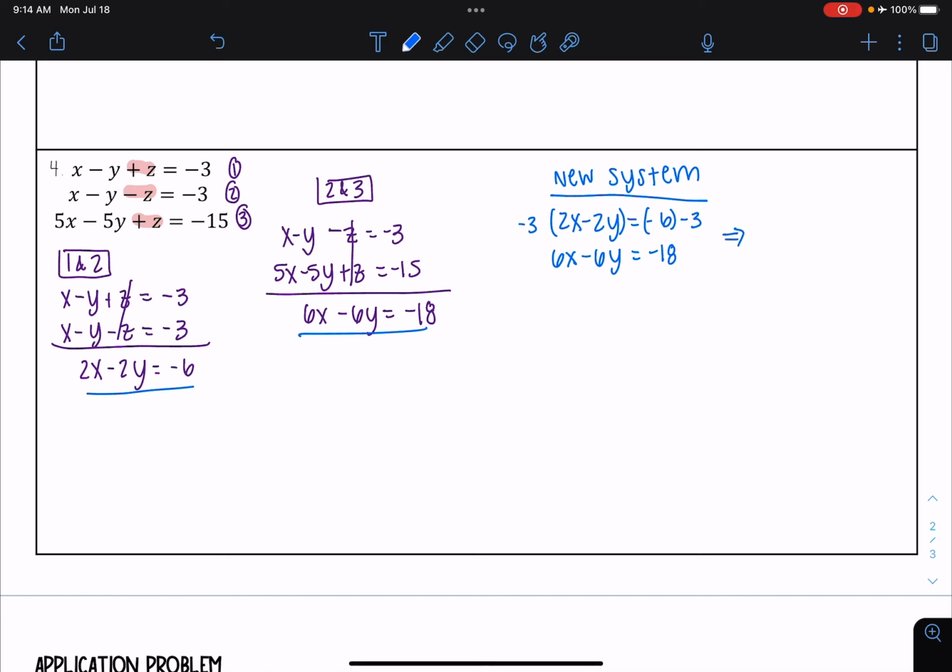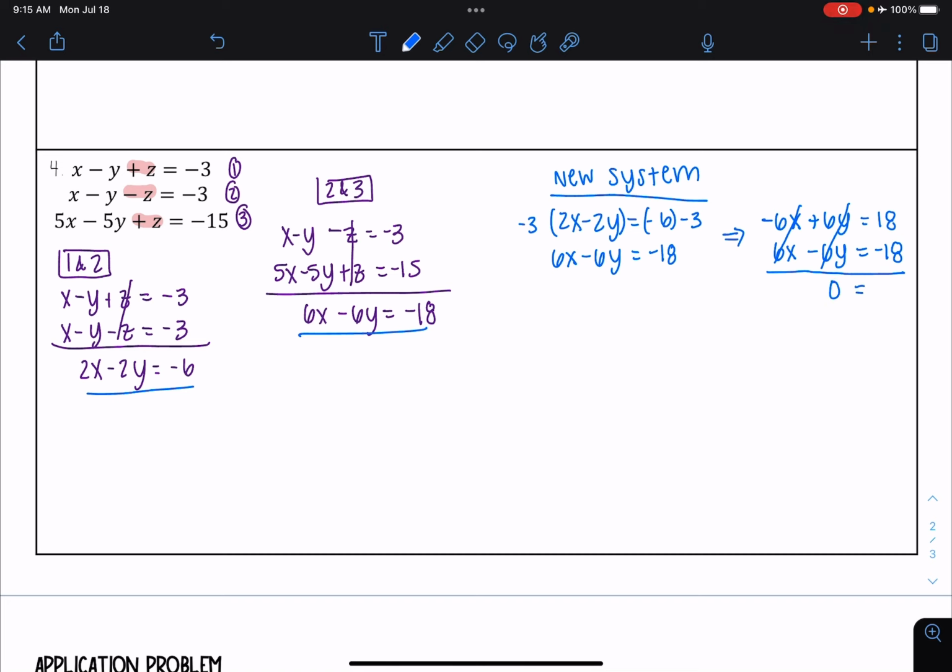So when I do that, I get -6x plus 6y is equal to 18. And then I have 6x minus 6y is equal to -18. And so now I see something different happens when I solve this. I see my x's cancel because -6x plus 6x is 0. My y's cancel, and so I end up with a 0 here.